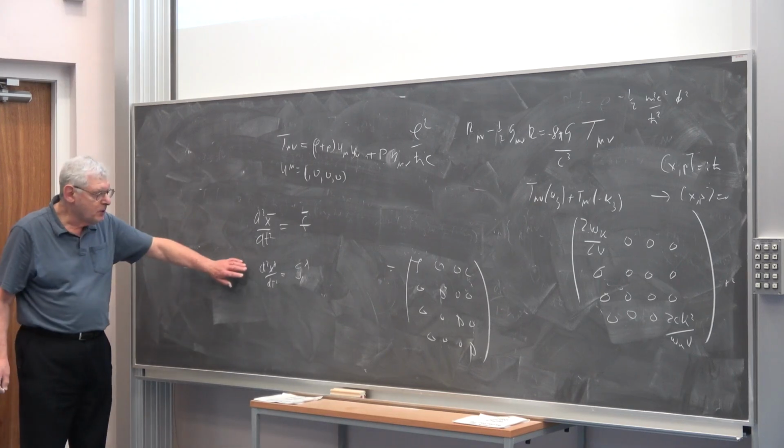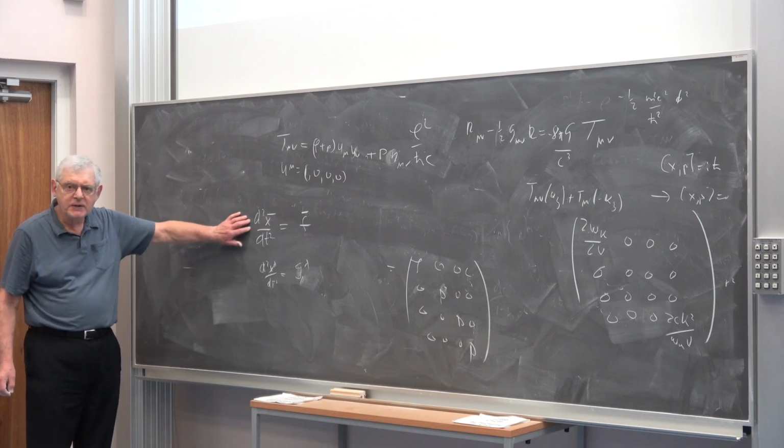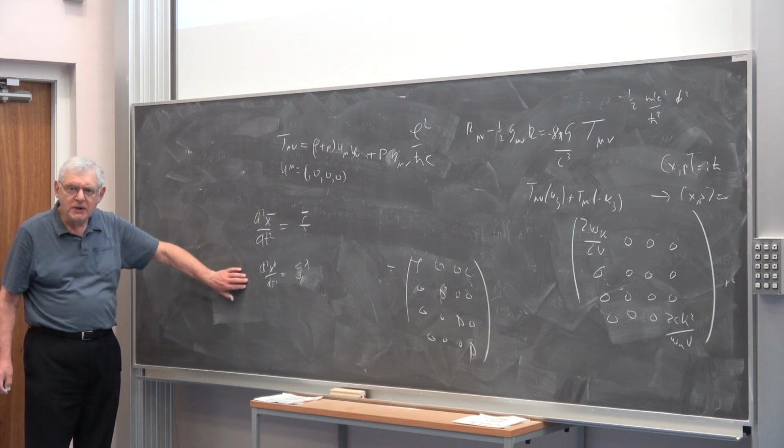So this is Newton's second law of motion, written relativistically. So this is slow velocities, rapid velocity, but still velocity equals constant.